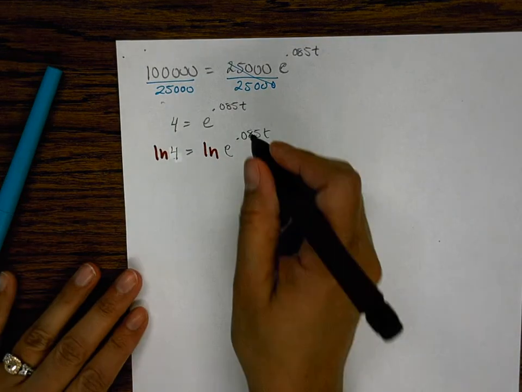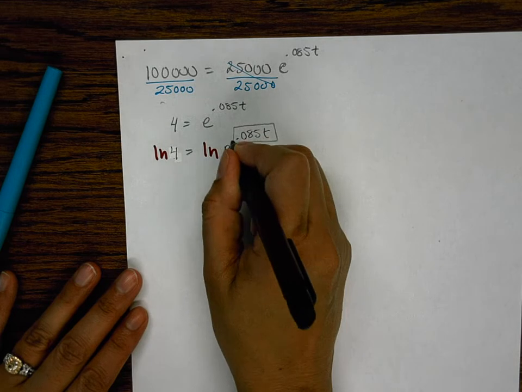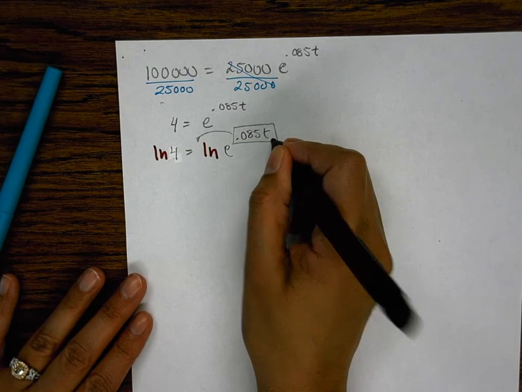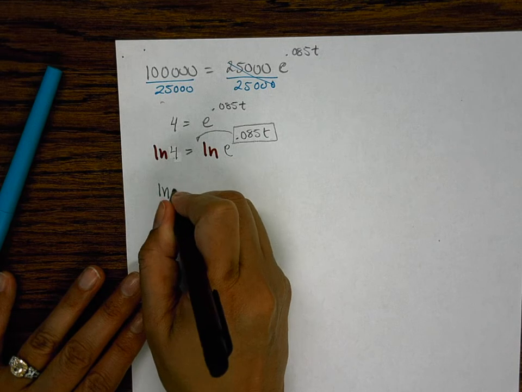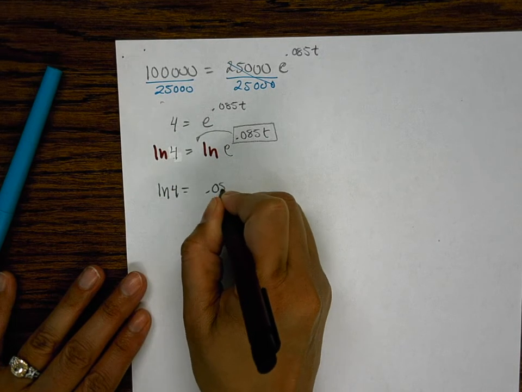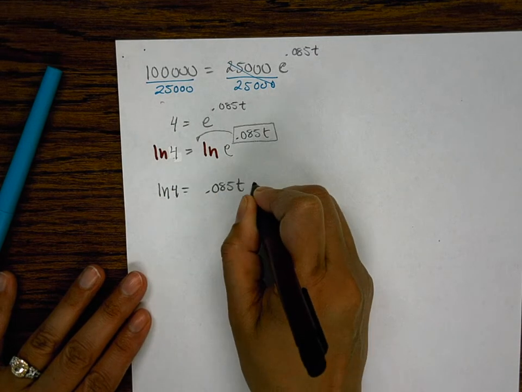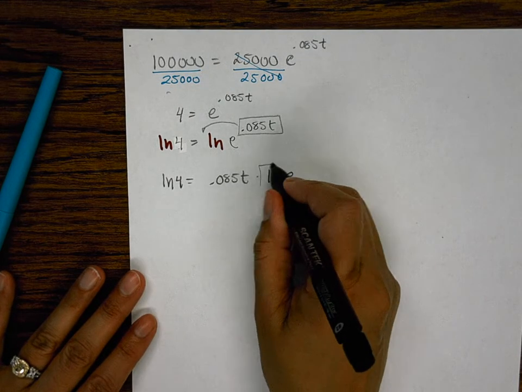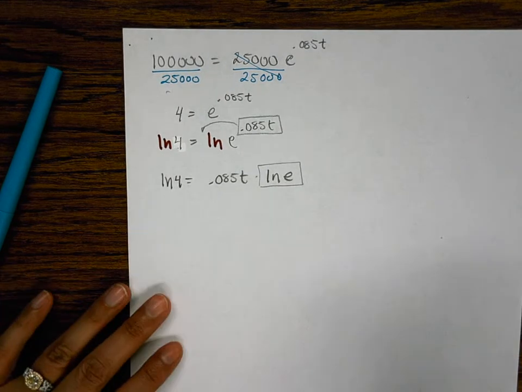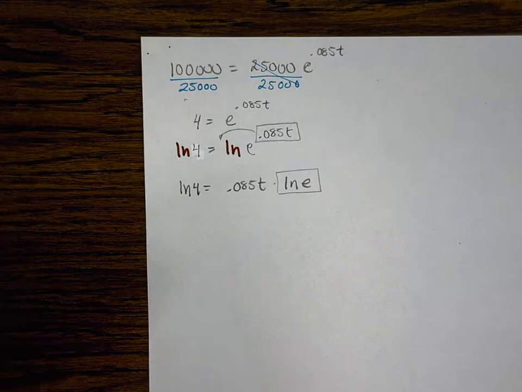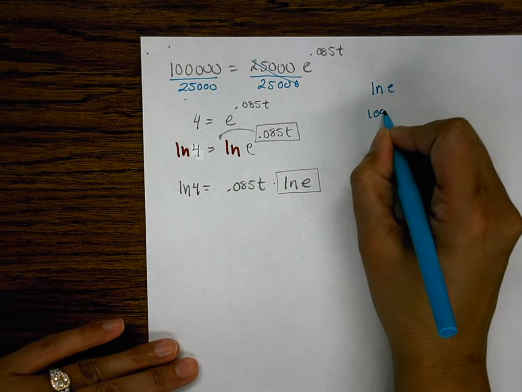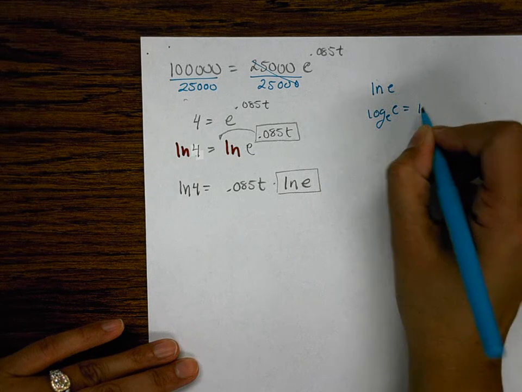I do that so I can bring this exponent out to the front because it has my variable and I don't want my variable up as an exponent. So ln of 4 equals 0.085t times ln of e. Now remember, in a previous video I talked about what ln of e equals. ln of e is the same as log base e of e, which is 1.